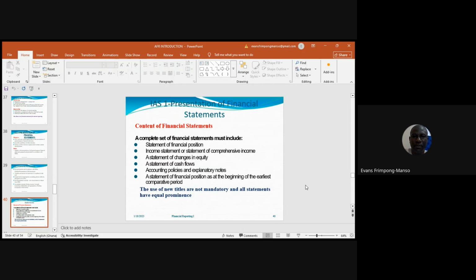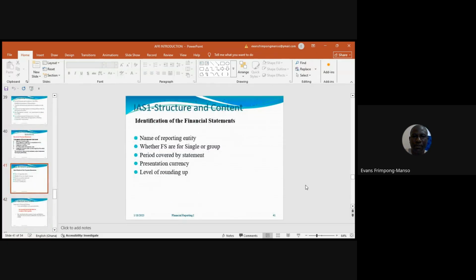So the 5 major reports are: the statement of financial position, the statement of changes in equity, the statement of profit or loss and other comprehensive income, the statement of cash flows, and additional notes. Additional notes attached to the accounts. These are the 5 major financial reports.